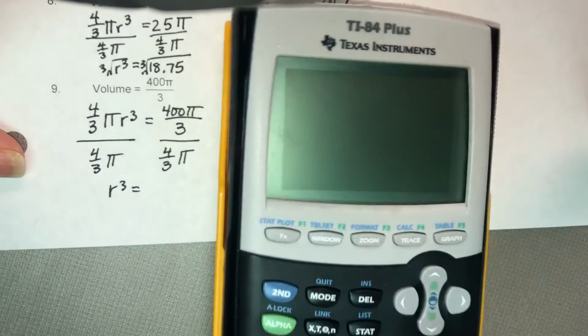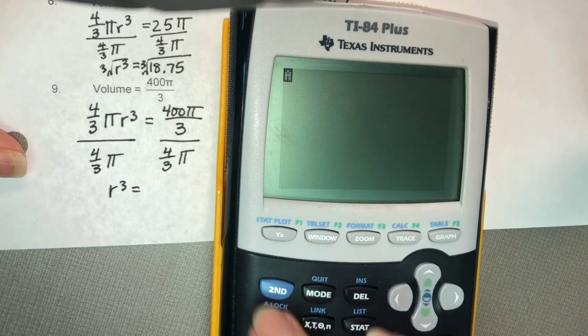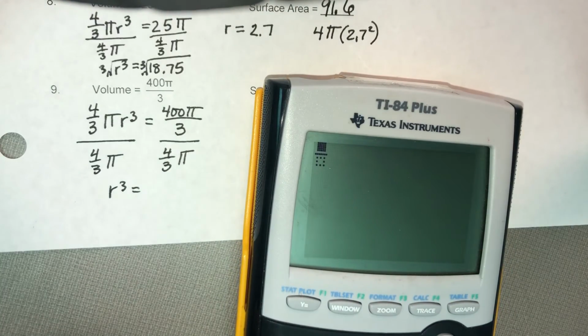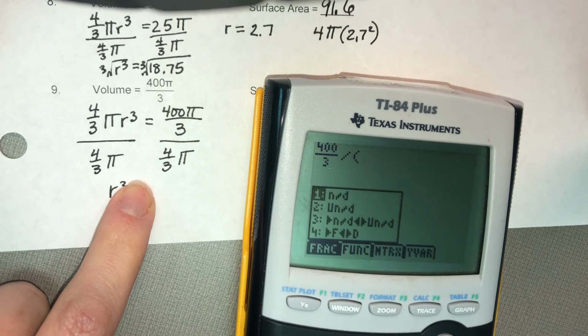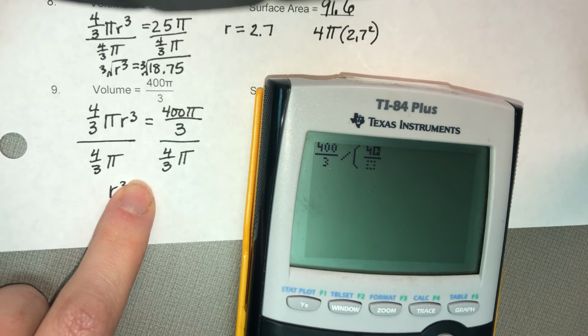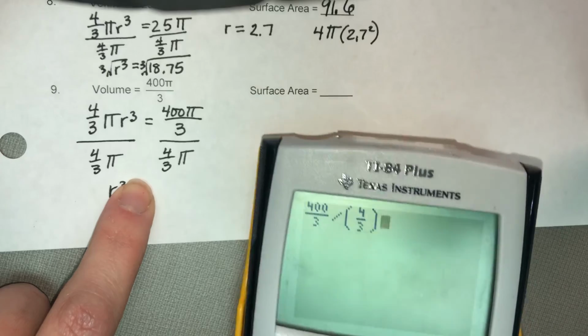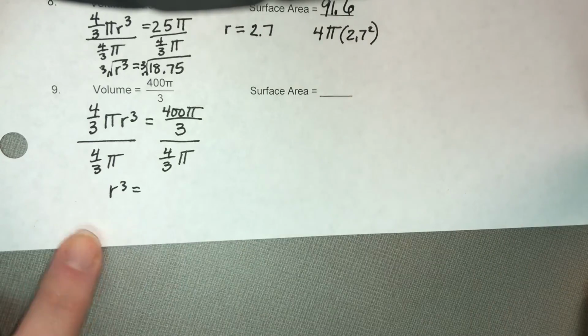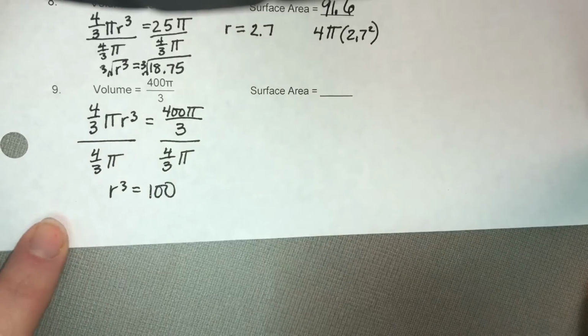Now the pi's cancel, and if I go Alpha Y equals number 1, 400 over 3 divided by 4/3. Oops, I did that wrong. There we go. 400 divided by 4/3 equals 100. So r cubed equals 100.